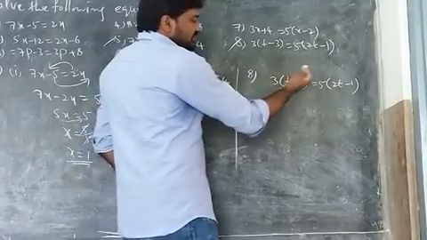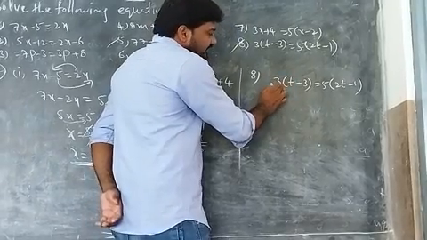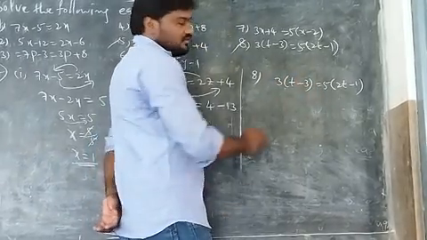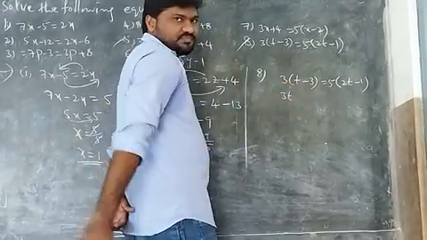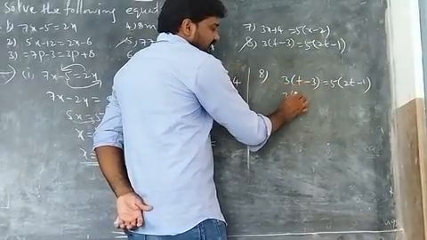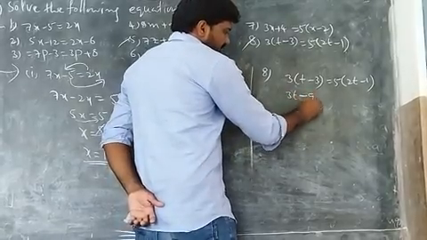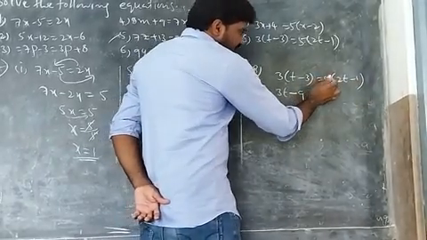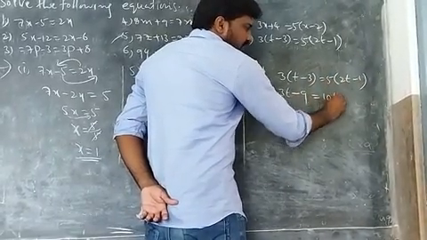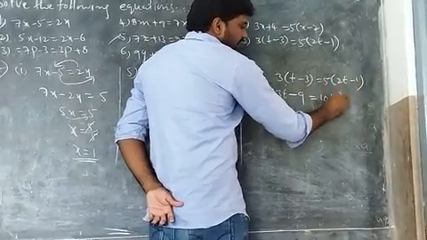So multiply 3 into t as well as 3 into 3. 3 into t is 3t. Plus into minus is minus, and 3 threes are 9. That is equal to 5 into 2t, which is 10t, and 5 into 1: plus into minus is minus, 5 ones are 5.